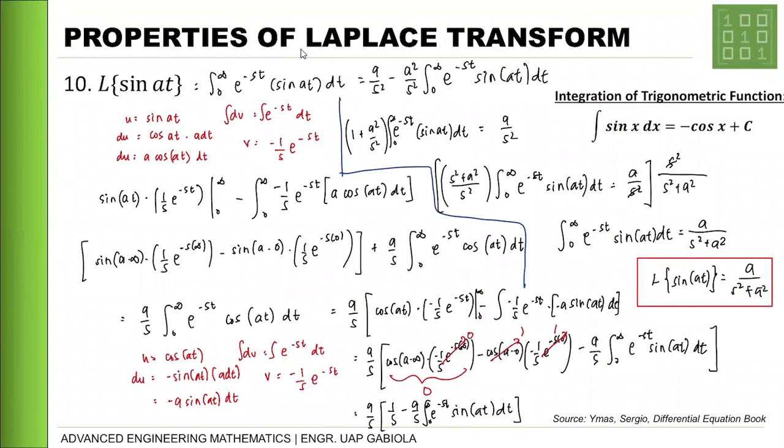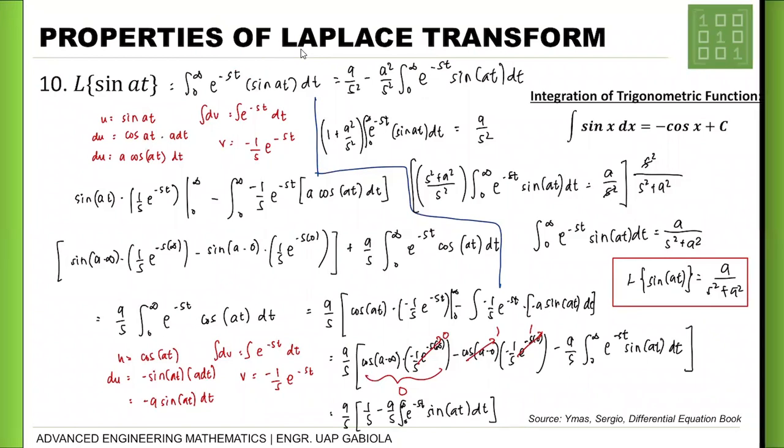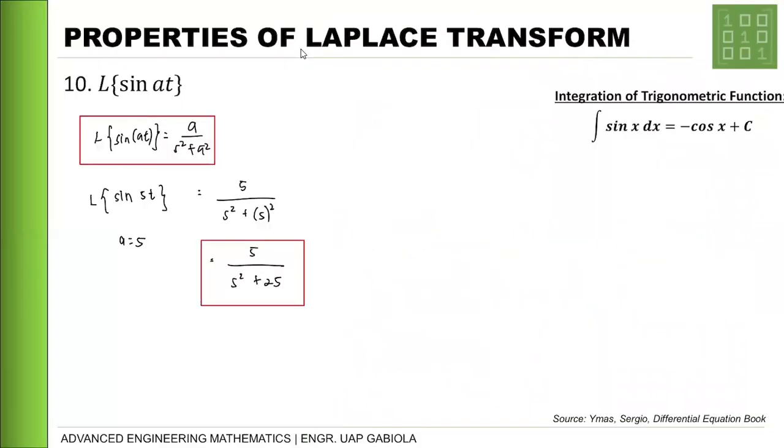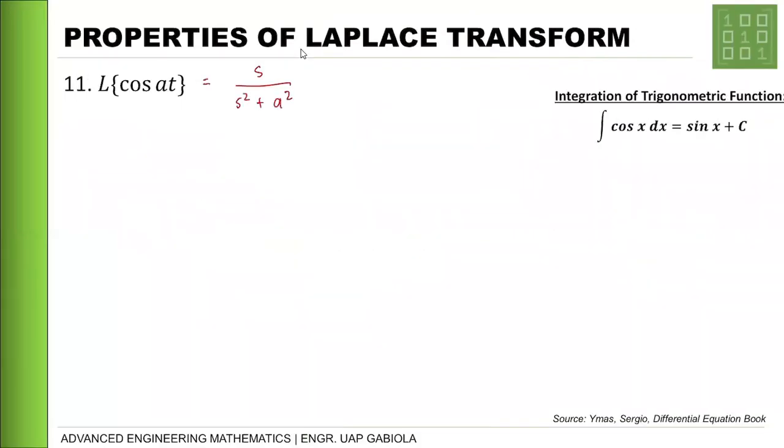You have to reiterate the derivative of trigonometric functions and also the integration of trigonometric functions. Okay, so use this number 10 as a guide to prove our number 11, which is the Laplace transform of cosine of at. Okay, which is this one.